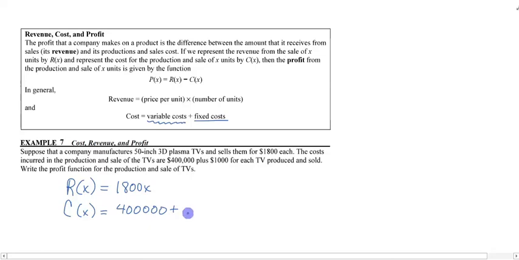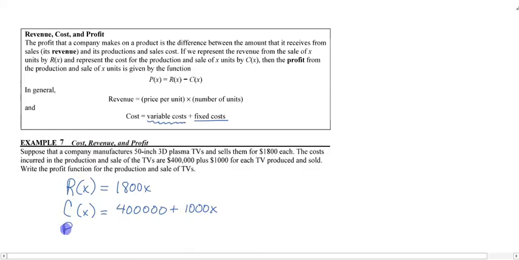So if you make one TV, it's going to cost $1,000 plus $400,000. If you make and sell two TVs, it's going to be $2,000 plus the $400,000, and so on. So we're going to say plus 1,000 times however many TVs you produce and sell.